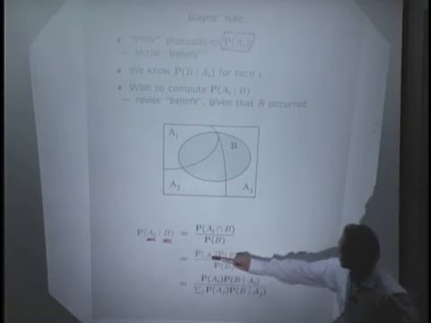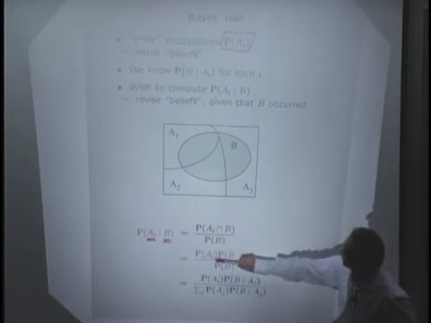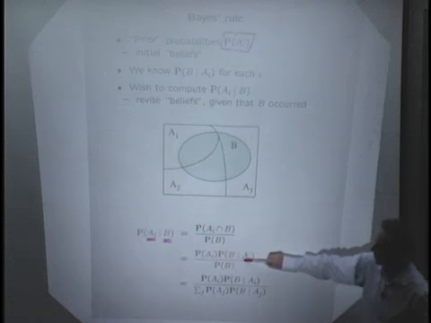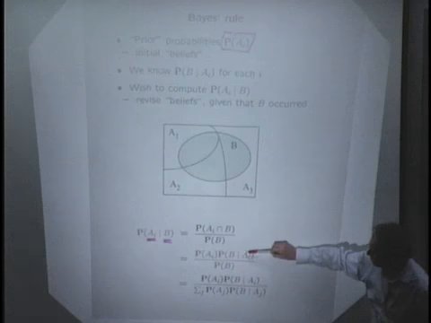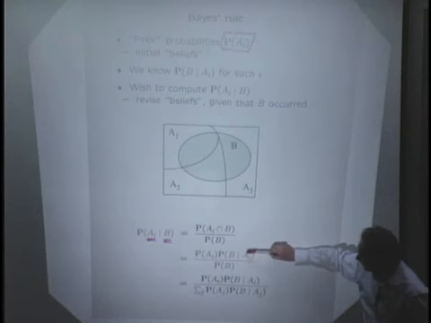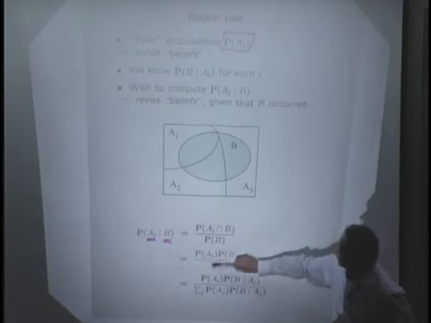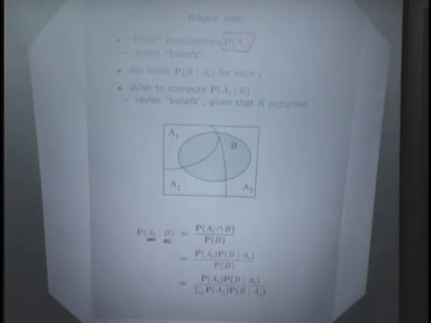So these are things that are given to us. They're the probabilities of the different scenarios, and it's the model of our measuring device, which we assume to be available. And how about the denominator? This is the total probability of the event B. But we just found that it's easy to calculate using the formula in the previous slide.